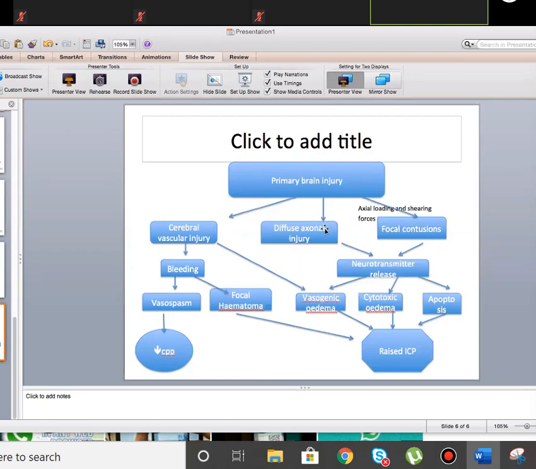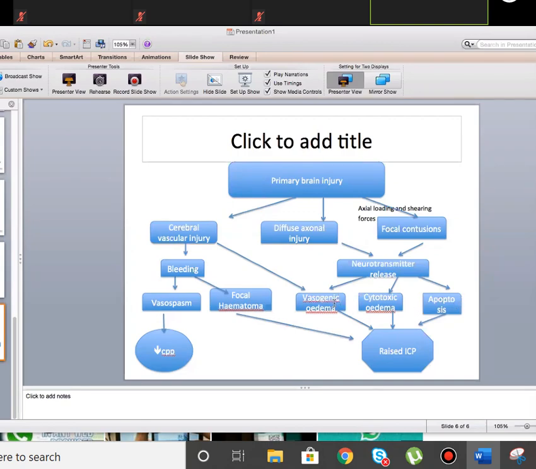Clinically, if you do a CT in a patient with diffuse axonal injury, the CT brain can be completely normal, or when it evolves, if the insult is severe, there can be loss of gray-white differentiation. And because of the diffuse axonal injury and focal contusions, various neurotransmitters will be released, and there will be three things which will lead to that.